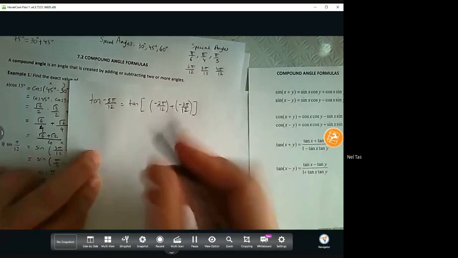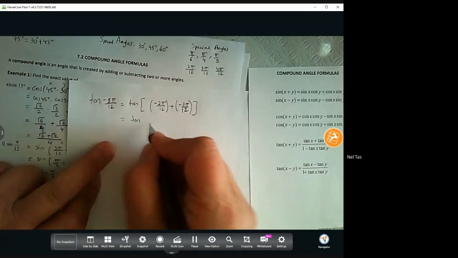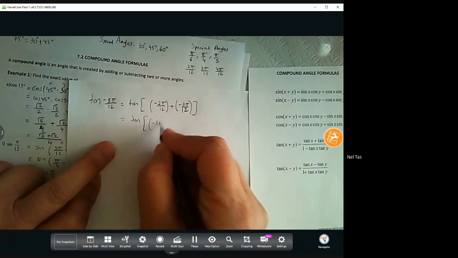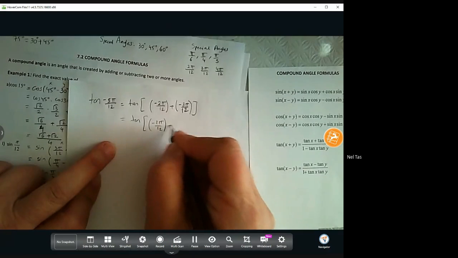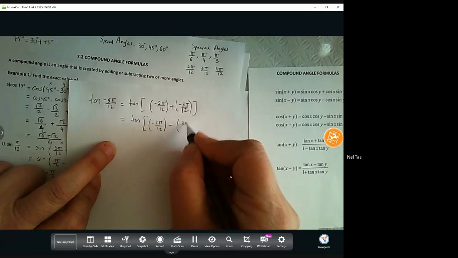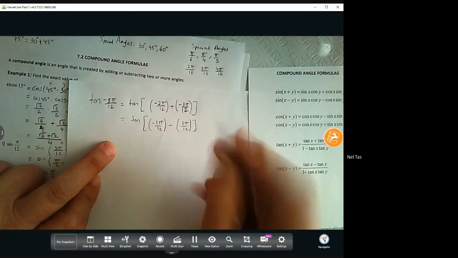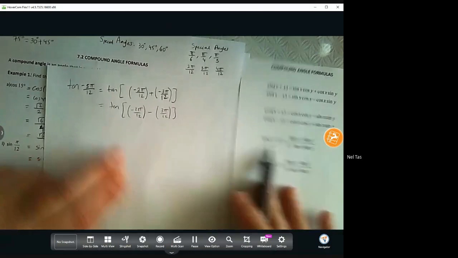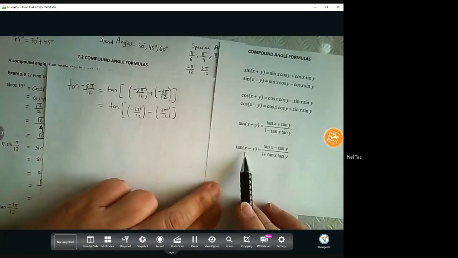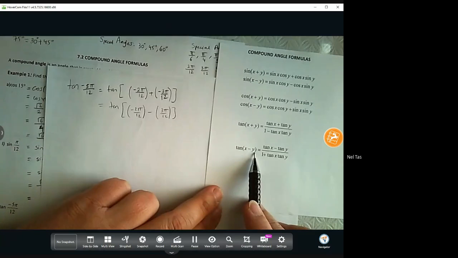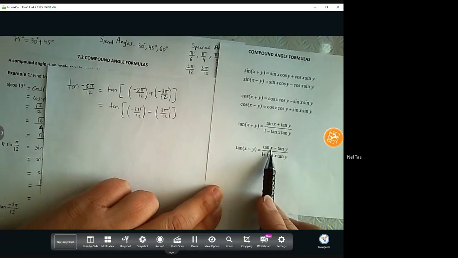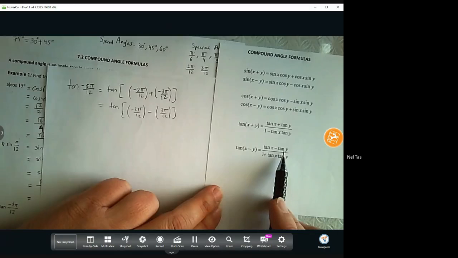Okay? Or you may do this tangent negative 2 pi over 12 minus positive 3 pi over 12. If that is the case, then you are going to use tangent x minus y formula. But now your x is negative 2 pi over 12, your y is 3 pi over 12.